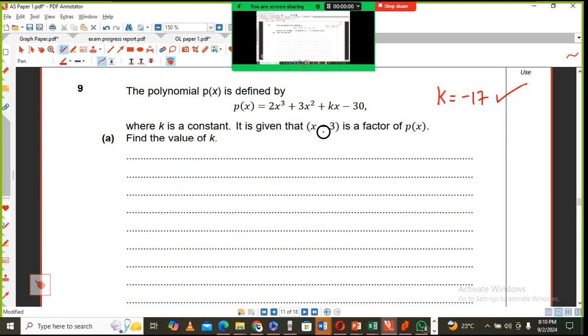If they are saying this is a factor, it means that x minus 3 equals 0, then x equals 3. Let me check again. Maybe you made a mistake there.